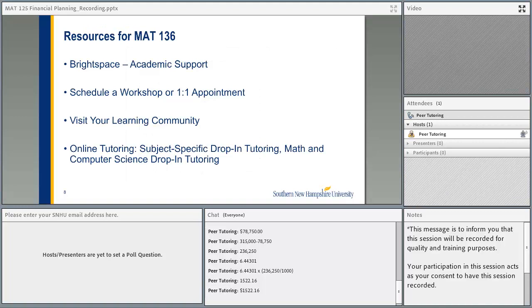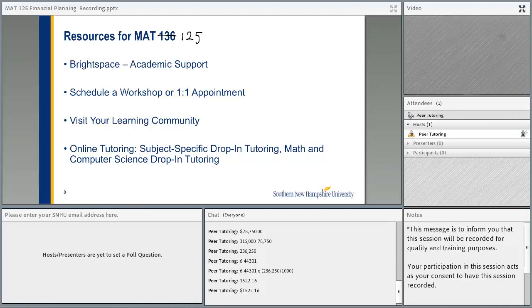Excellent. So we actually have resources for this. Here we go. So we offer Brightspace, Write in Brightspace.